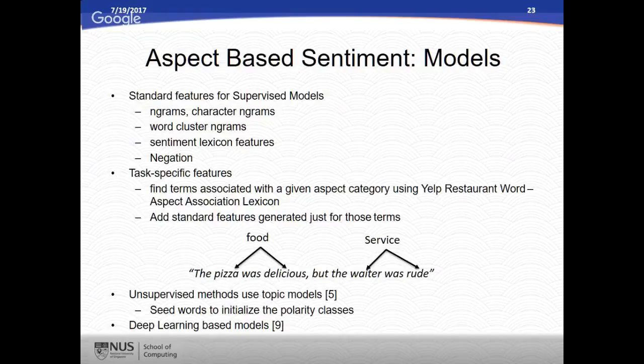The polarity around food could be different from the polarity around, say, a camera, right? So you have some seed words, and you build your model based on that. As the model sees more and more documents, it's automatically able to identify the aspect-dependent words, and the model runs in this way. This is very recent work, published in 2017 itself. And also there are some deep learning based models, and I'm not going to talk about that here.